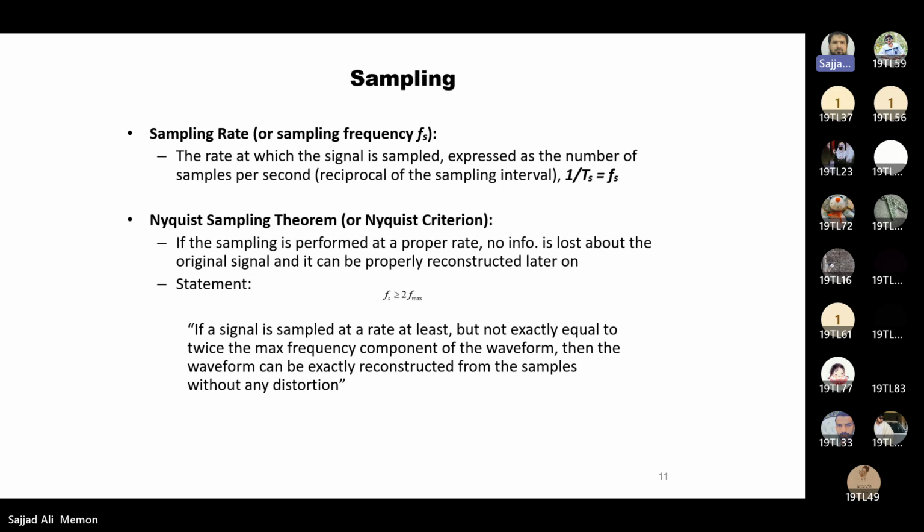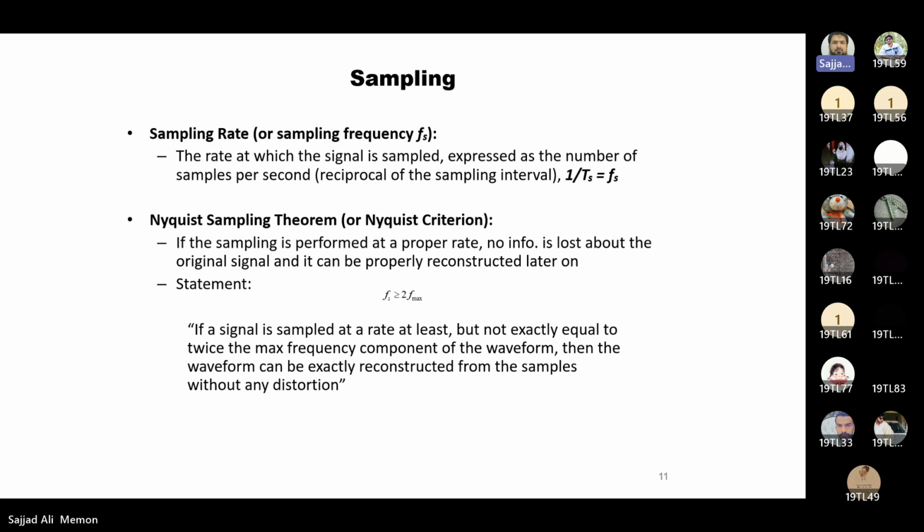So it says that the sampling rate should be greater than or equal to twice the maximum frequency. If we do that, then the analog signal can be reconstructed from the samples without any distortion.